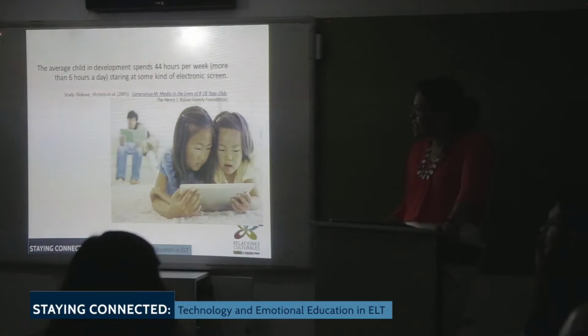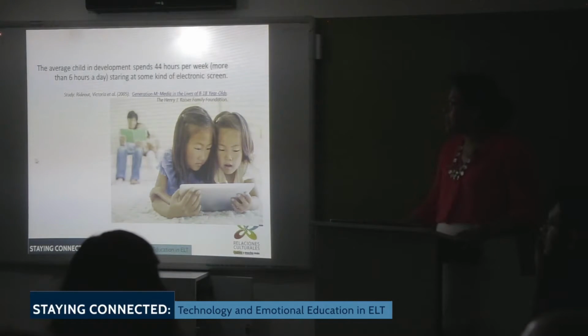I selected this image because what is the adult doing? Reading a book, okay? And the kids, is it a she? Yeah, I think so. Okay, so the adult can read the book, then the girls are on the screen, okay? So my dad calls the screens, usually the tablets, the nannies, okay?